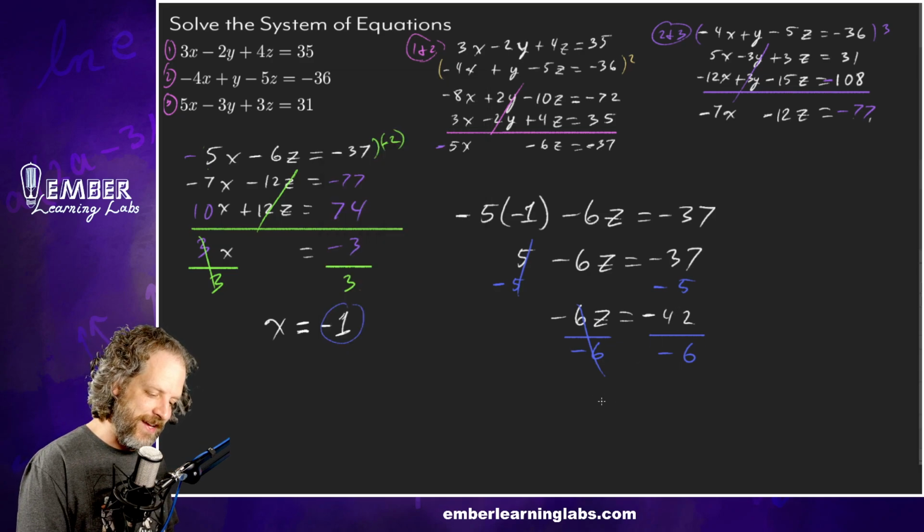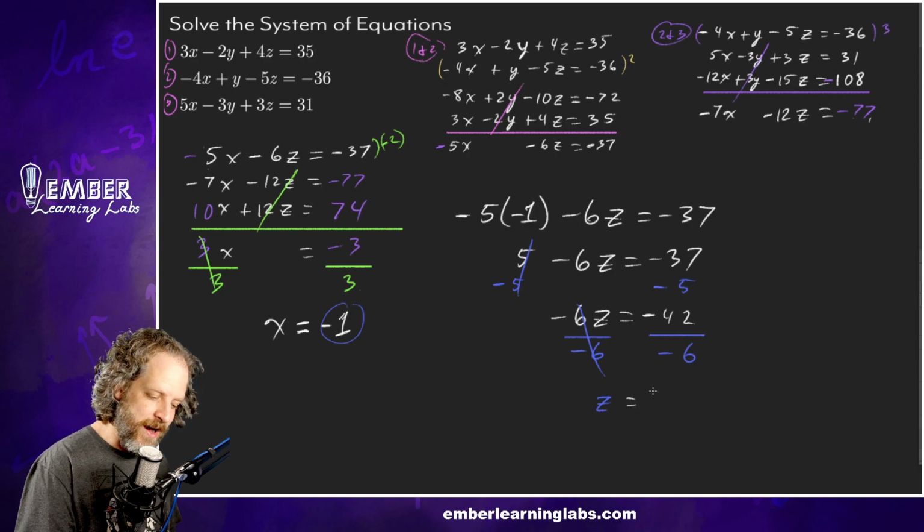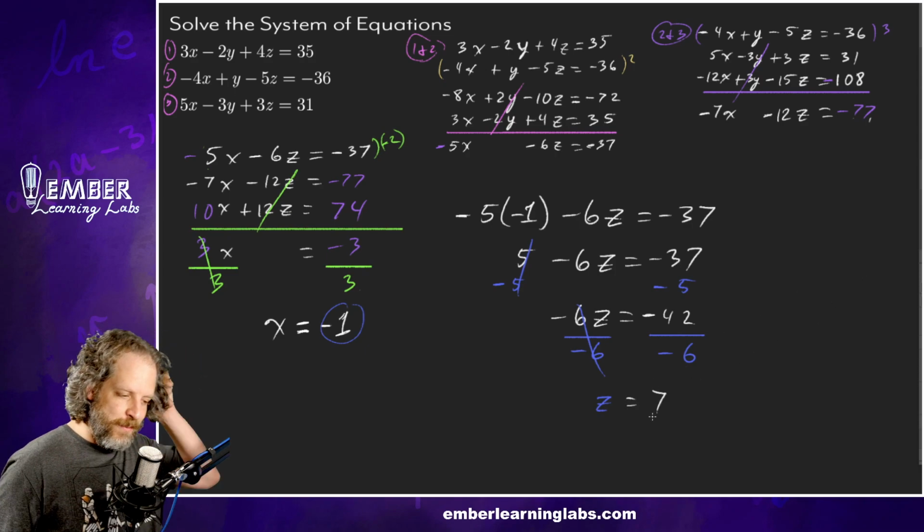Negative divided by negative is a positive, so z equals positive 7. We're almost to the finish line.